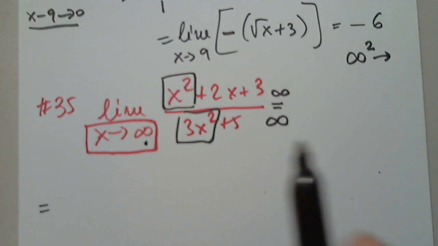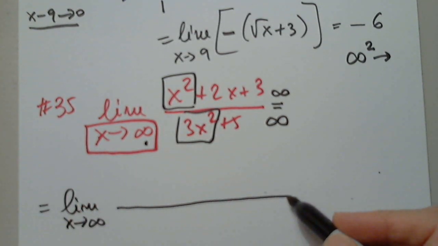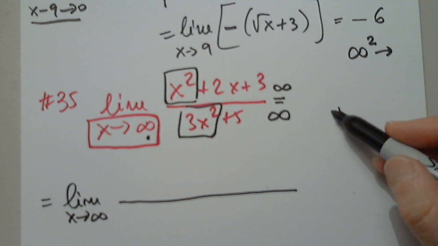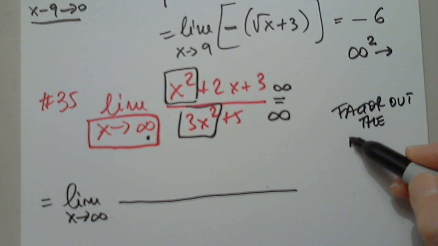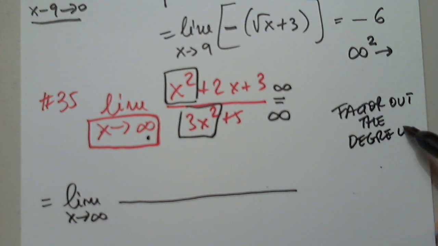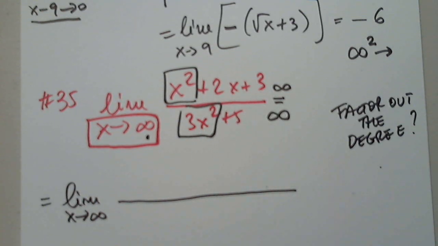In this situation, we have to factor out the degree. Factor out the degree. What does that mean? How is that possible? What am I factoring? Okay. What is the degree of this polynomial?